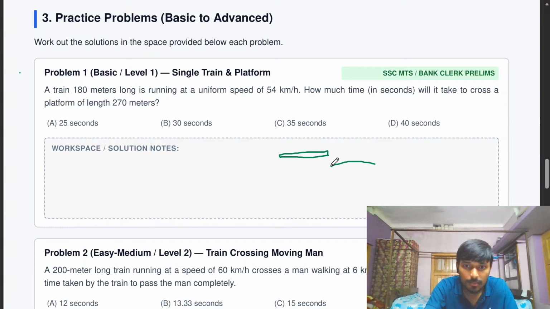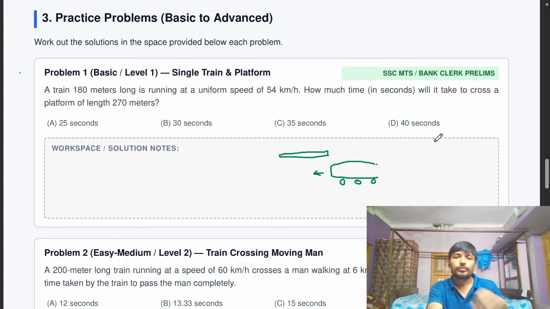Suppose this is a train, moving towards this direction.